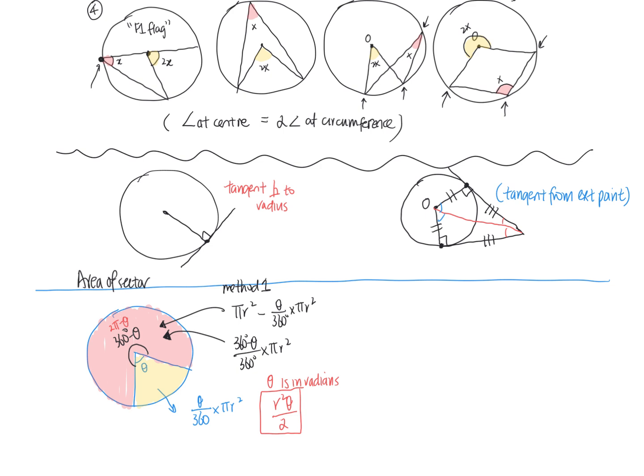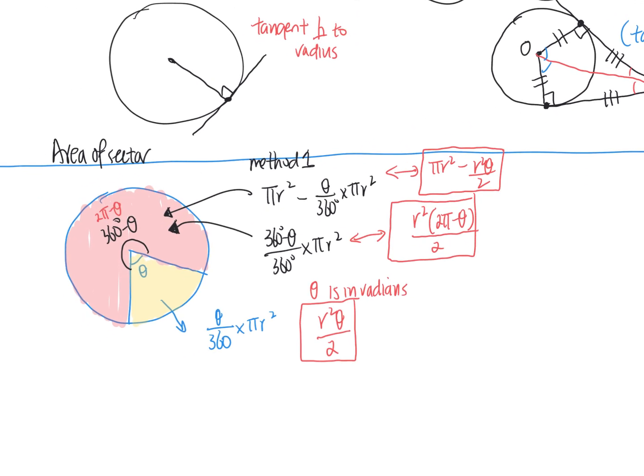So the same formula, but r squared theta, your theta is this one, over 2. So same method, but when your angle is in radians. This one is also pi r squared minus this one. Okay, both the same, but one in radians, one in degrees. Make sure you know how to find both.